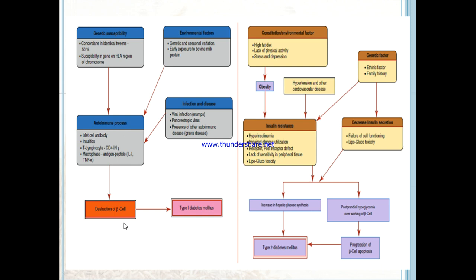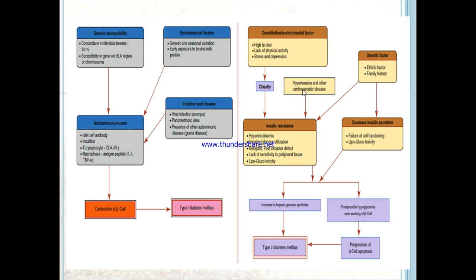Due to the destruction of the beta cells, the body is not able to generate insulin, so it causes diabetes mellitus, and in this case we require insulin as a treatment for the patient, that means management of diabetes mellitus. So this is called type 1 diabetes mellitus.